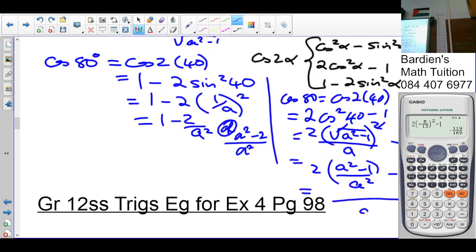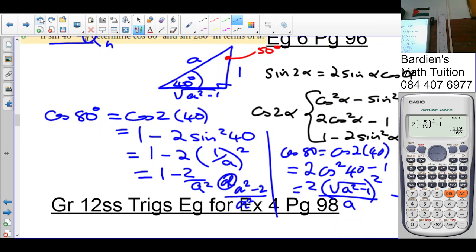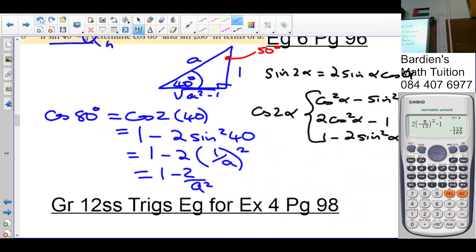As you can see, the LCM is a squared, so it's going to be 2a squared minus 2 minus a squared, which is a squared minus 2 over a squared. As you can see, it's the same. Can you see that? If I had gone with the first one here as well, you'll see you'll get exactly the same answer. Okay? And as I said, once you've got your diagram, you can use any of those things. You all okay with that? I'm going to take this off here because I need the space.